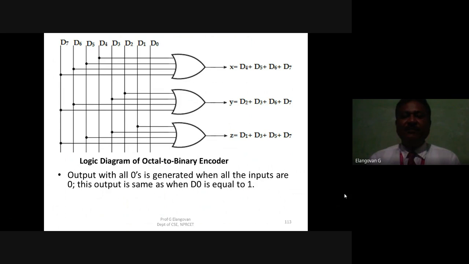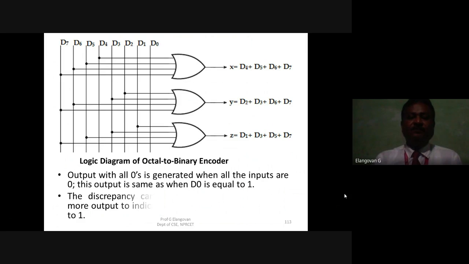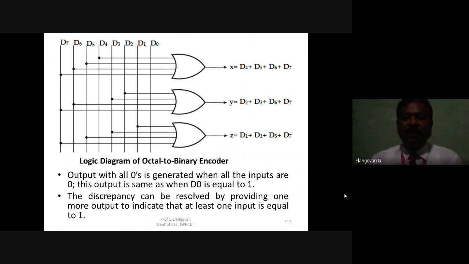Sometimes all the outputs are going to be 0, which is the same as when D0 is equal to 1. To resolve this, at least one input must be equal to 1, so D0 is made 1.